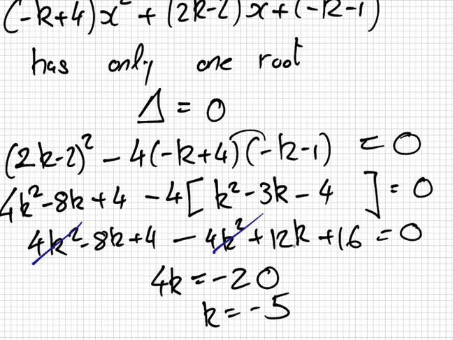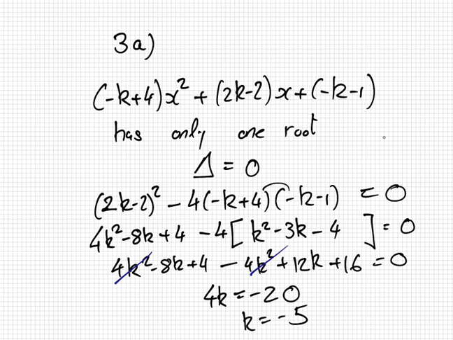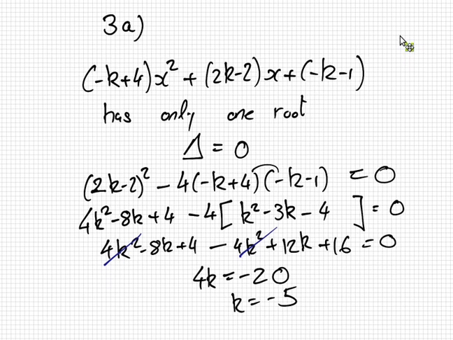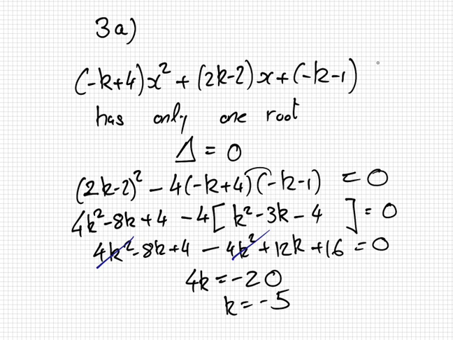This is a 12, next to k. 12k, no power. So k must be minus 5 for this to have one root. K must be minus 5. There's no choice. If you want the discriminant to be 0, it's only if k is minus 5, and no other value would make it 0.